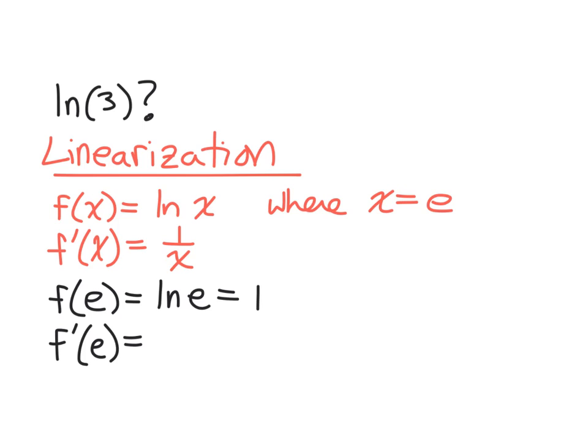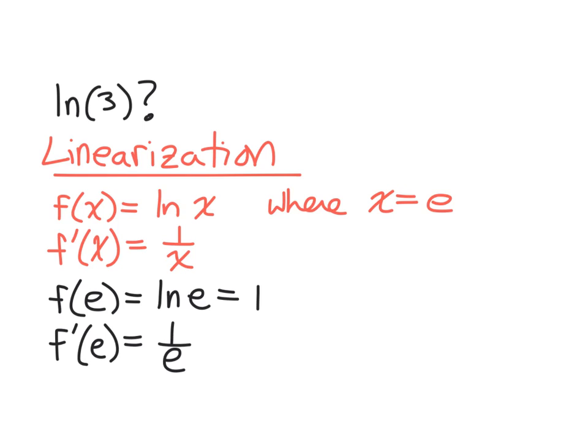And then the other one, it's just 1 over e. There's really nothing to do there. Again, this is supposed to be an approximation technique. So if our answer is in symbolic form, there's nothing wrong with that. The one thing I don't want to do is kick over to a decimal form, because if I did that, then what's to stop me from going to the calculator to begin with and just typing in the natural log of 3? It wouldn't make sense.